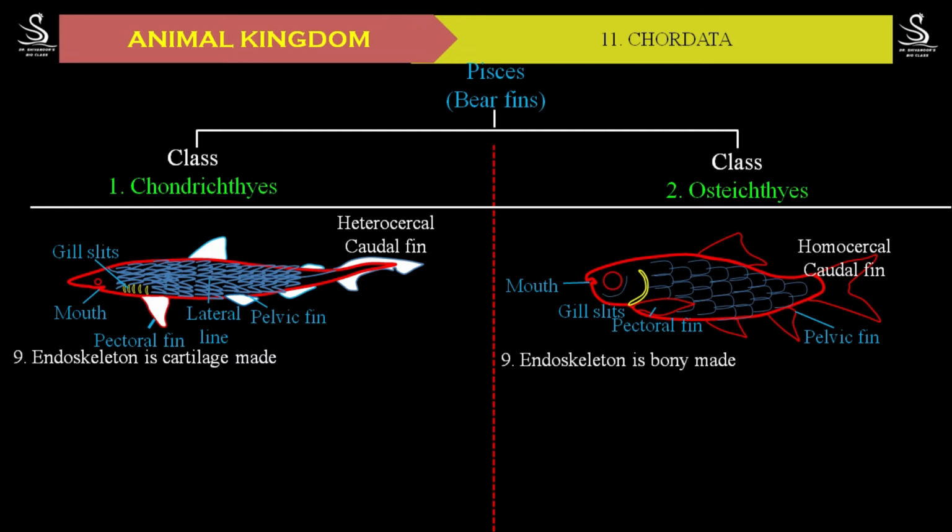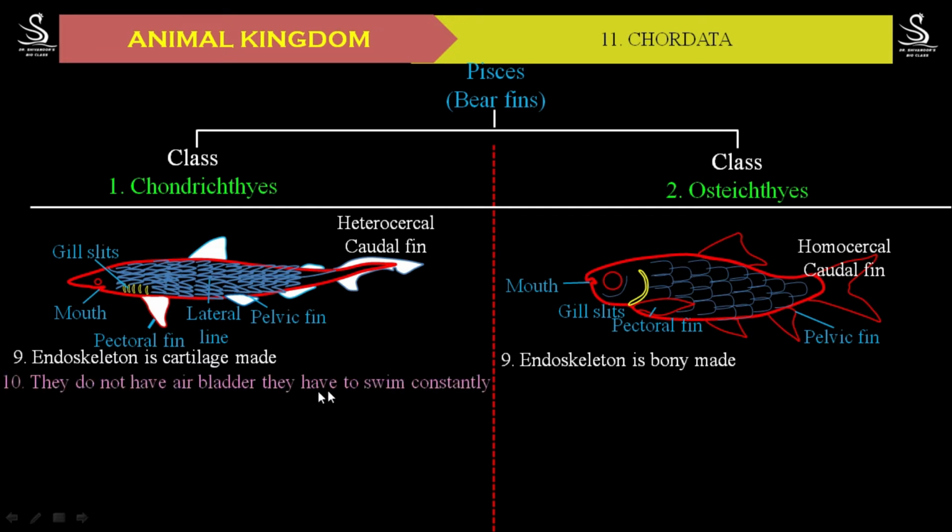Then in the structural organization in animals, even we have seen that the cells present in the bones are called osteocytes, and here we have given the name to the class as Osteichthyes because they all have a bony made endoskeleton, and bony cells are osteocytes. In that way also you can remember the names of Chondrichthyes and Osteichthyes fish.